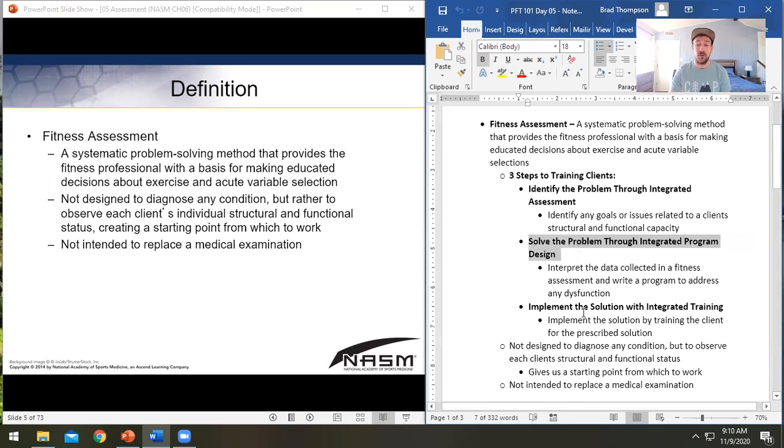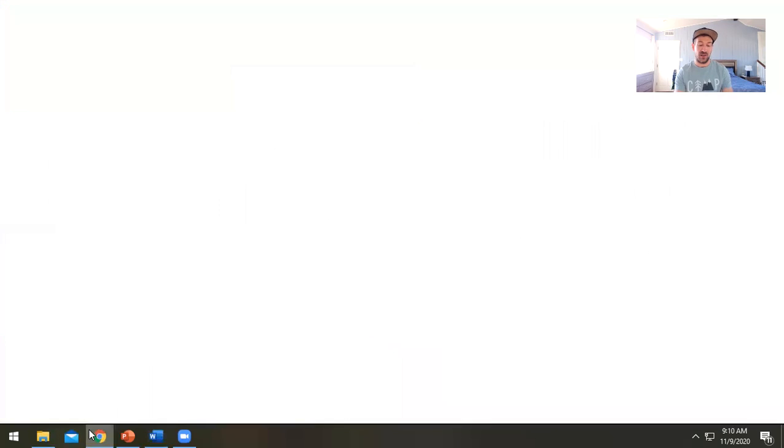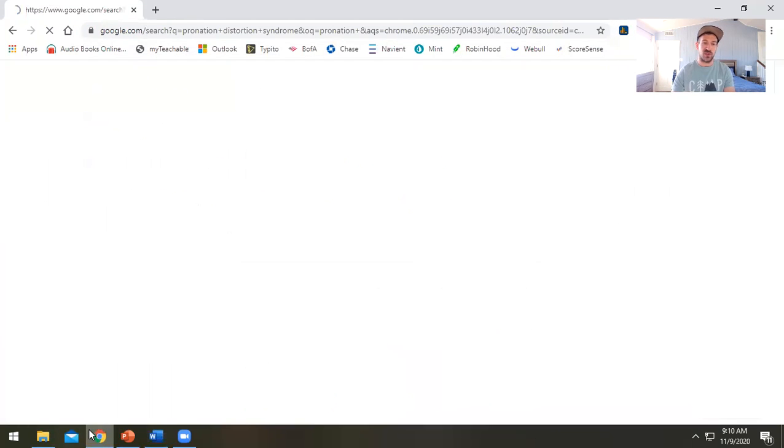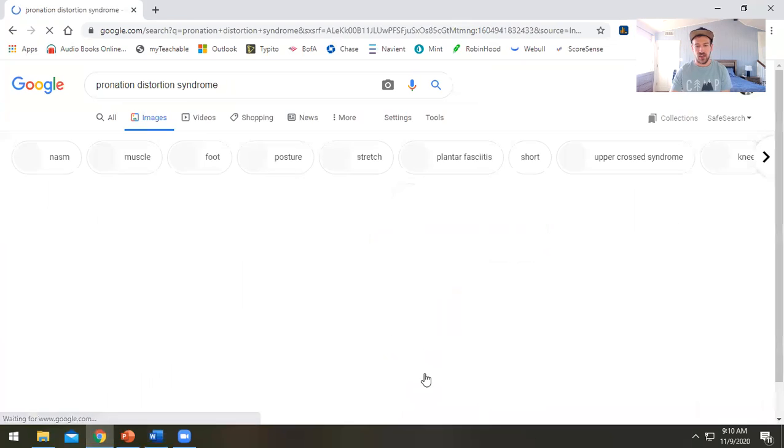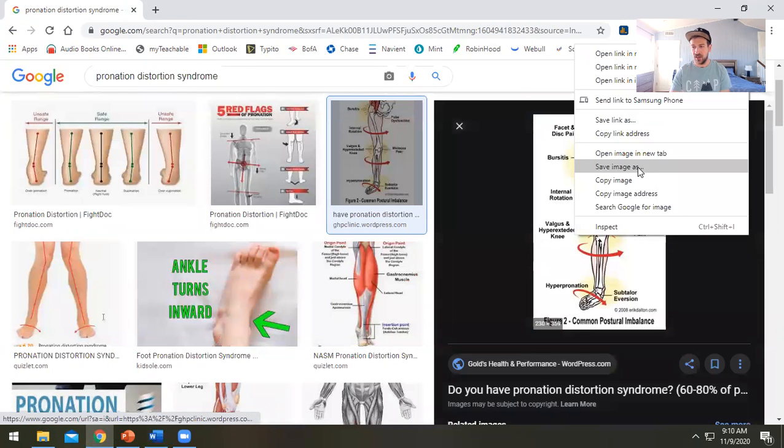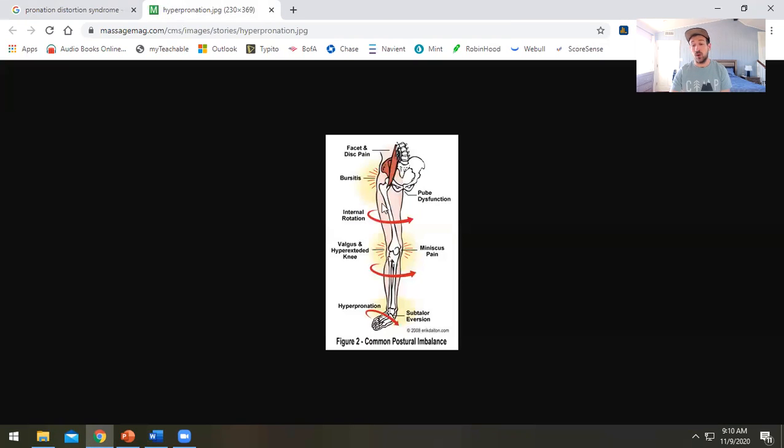Solve the problem through integrated program design. You're going to interpret the data that you collected in your fitness assessment, and you're going to write a program to address any of these dysfunctions. So if we go back and we see pronation distortion syndrome, we know what's happening. We know the foot is flattening, the tibia is internally rotating, and the femur is internally rotating.